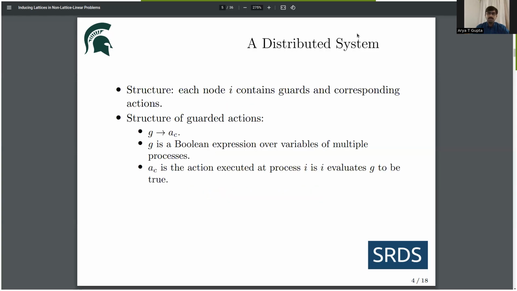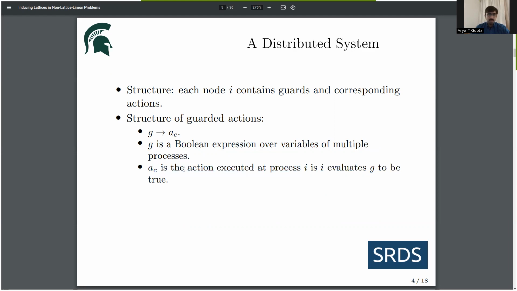Let us start with a discussion on the structure of a distributed system. There are several nodes, and every node i contains guards and corresponding actions. The structure of a guard looks like this: G implies A sub C, where G is the guard, a Boolean expression of variables of multiple processes, and A sub C is the action.